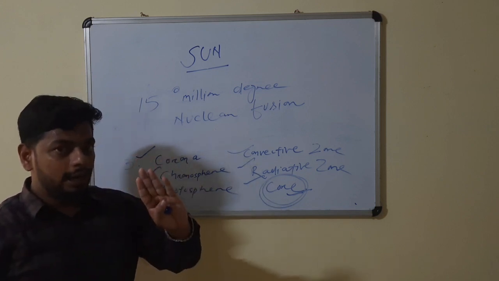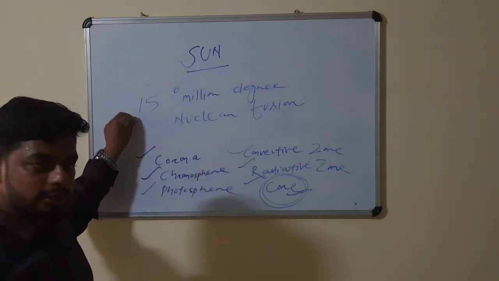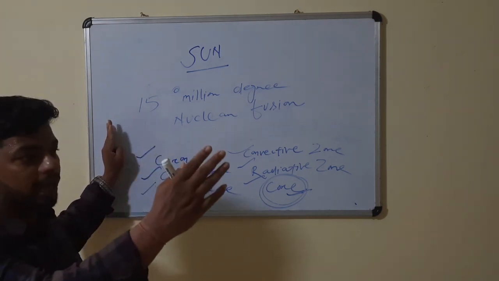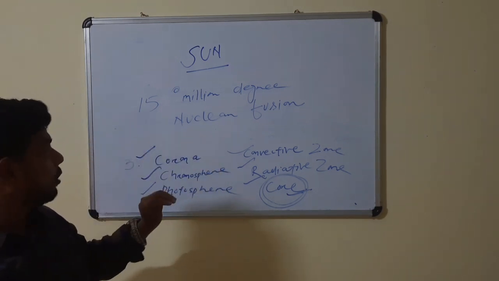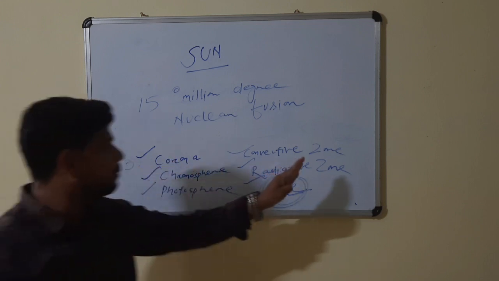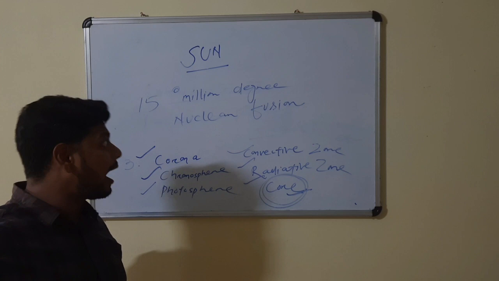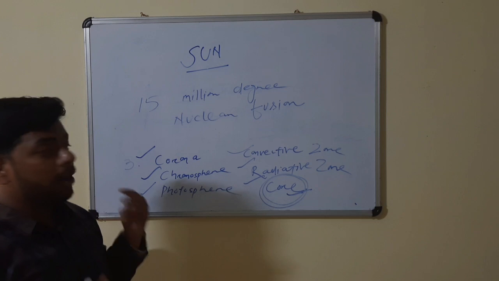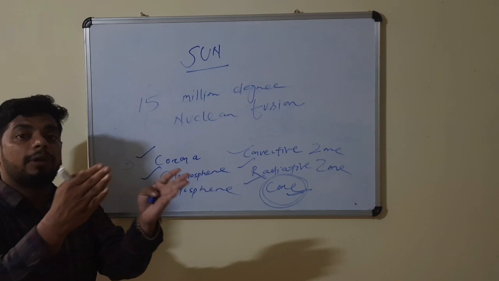So what we understood so far: the sun is located at the center of our solar system and is the largest object, with more than 99% of the mass. There are 6 layers: corona, chromosphere, photosphere, convective zone, radiative zone, and core. In the core the temperature is more than 15 million degrees Celsius, where hydrogen fuses to form helium.